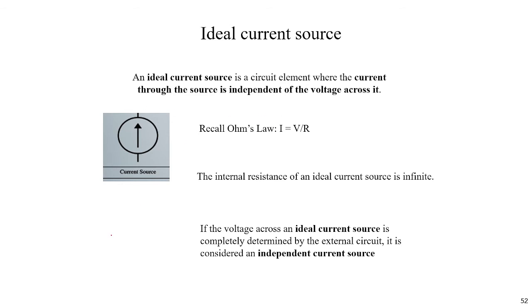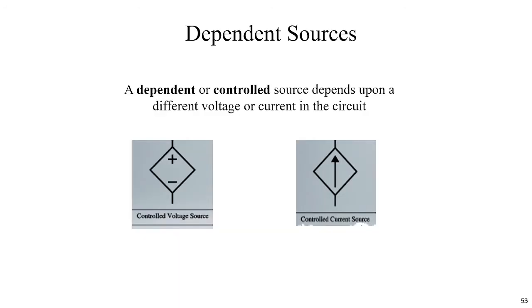If we connect this source to the resistance, the voltage across the resistance divided by R will be equal to this current. This is the ideal source. And this is the dependent or controlled source, which depends on a different voltage or current in the circuit.